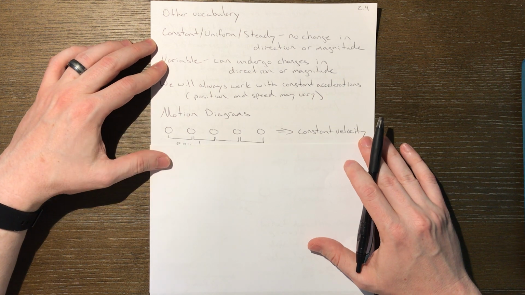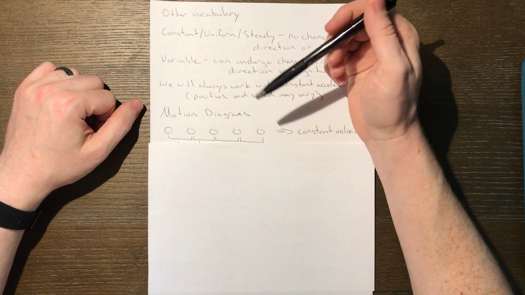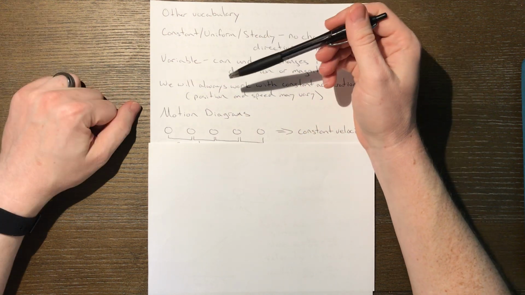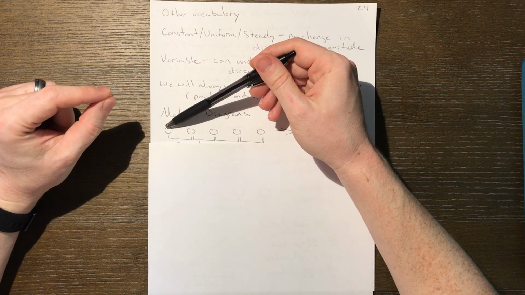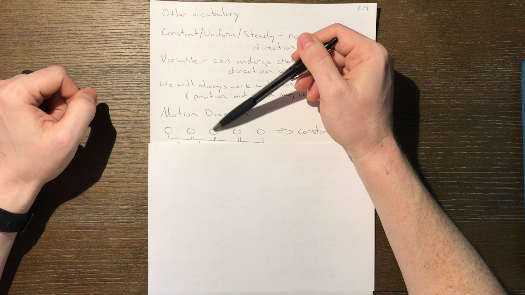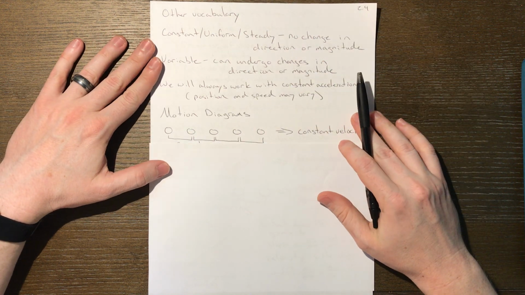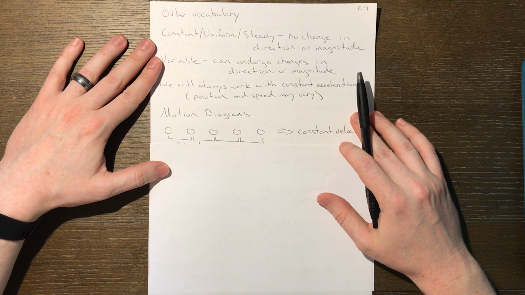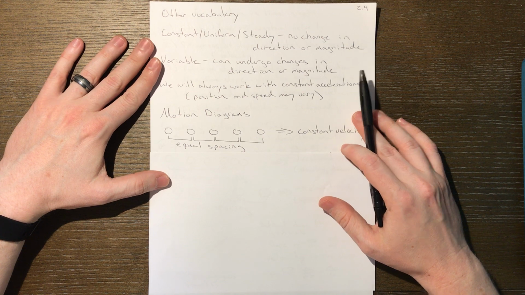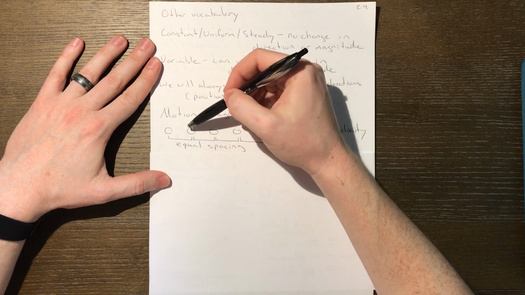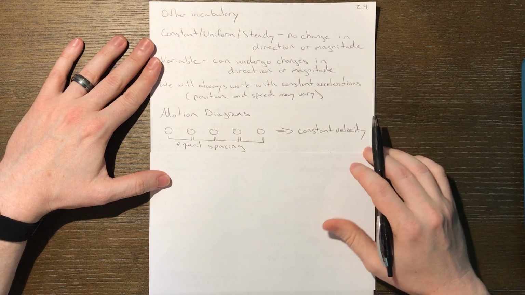So for instance, let's look at this little motion diagram. It's of a ball moving across a table, let's say. And our first snapshot, the first camera click, it's here, then here, here, here, here. And what you might notice about that, I've drawn it to the best of my ability, is equal spacing. After each amount of time, this ball has moved an equal distance.